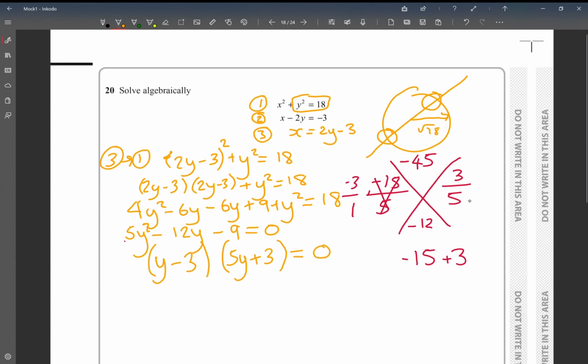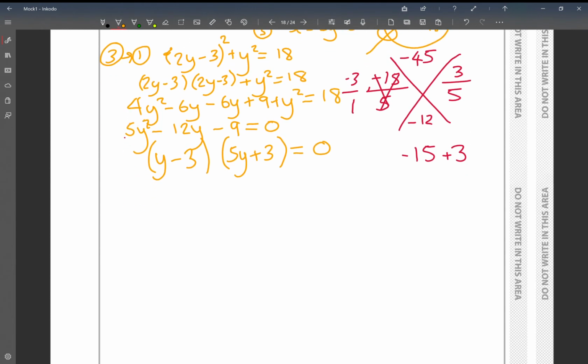Okay, that's our factorised quadratic. And then, what does y have to be so that this equals 0? Well, y would have to be 3 in this case, and then y would also have to be minus 3 over 5.